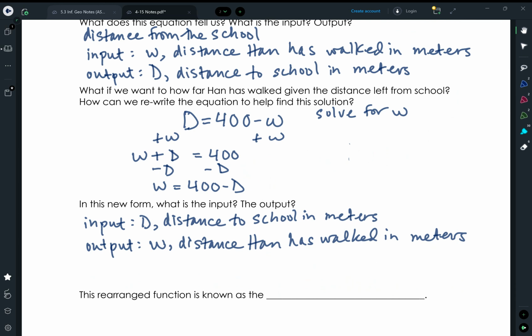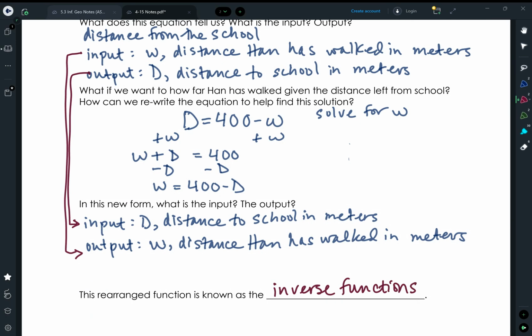My input from above, W, is now my output, and my output from above, D, is now my input. So this rearranged function is known as the inverse function. I can tell that because my input and my output have been swapped. That's one way to tell.